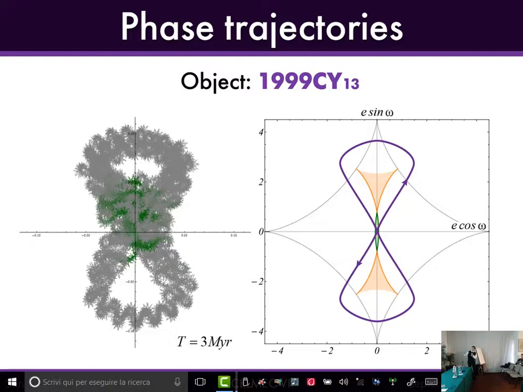Here's one example, the object 1999 CY13, and here you can see that its overall behavior is similar to what is expected on this trajectory of the XY phase plane.